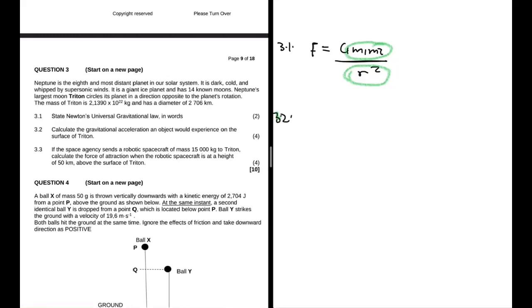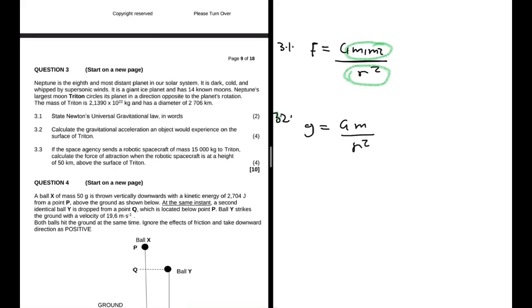And then now we can go to 3.2. 3.2 says calculate the gravitational acceleration an object will experience on the surface of Triton. So we want the gravitational acceleration. What is the formula of the gravitational acceleration? This is one of those formulas that you will most likely forget, right? But the gravitational acceleration will be equal to G m divided by r squared.